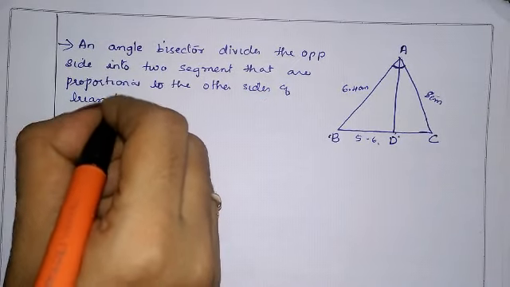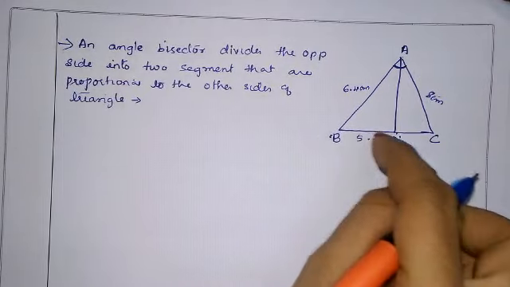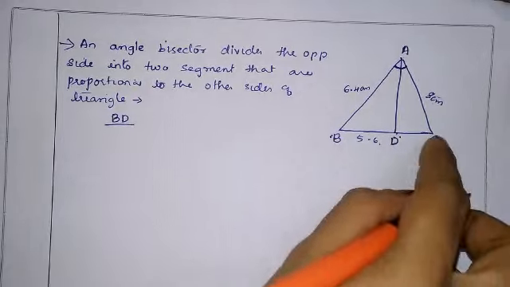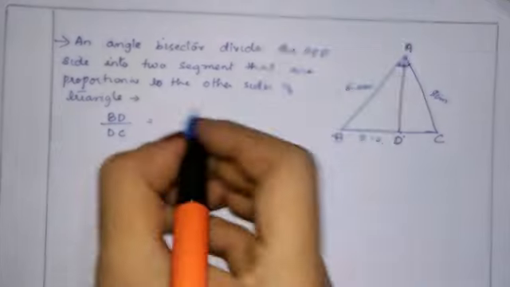Proportional means what? Let us write. It will be a ratio. So we will write BD upon DC is equal to AB upon AC.